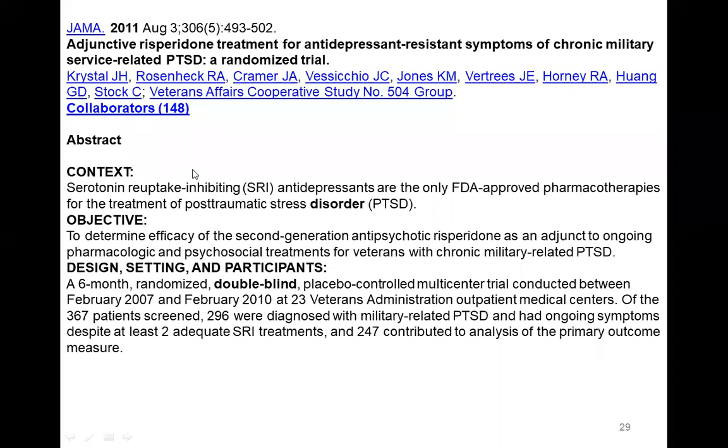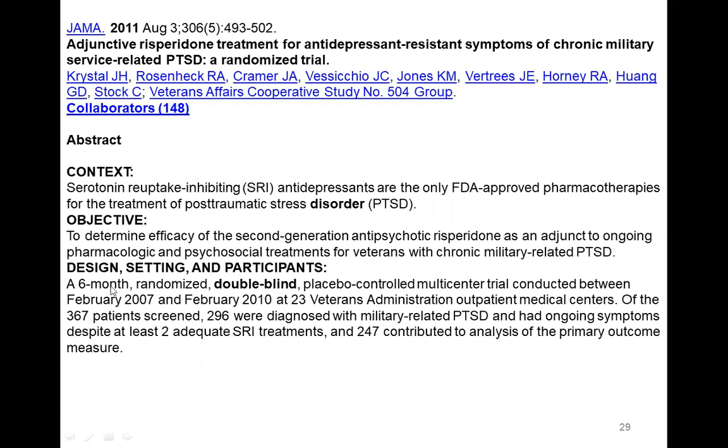So this is just to illustrate a randomized controlled trial. They looked at SSRIs as being the only FDA-approved pharmacotherapy for PTSD, and they wanted to see if risperidone would improve symptoms in veterans with military-related PTSD.